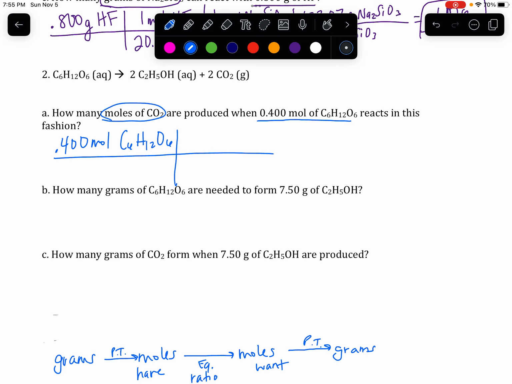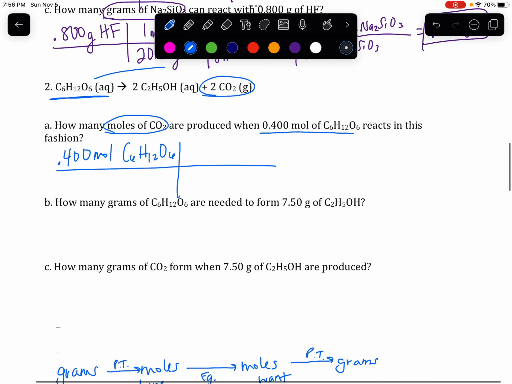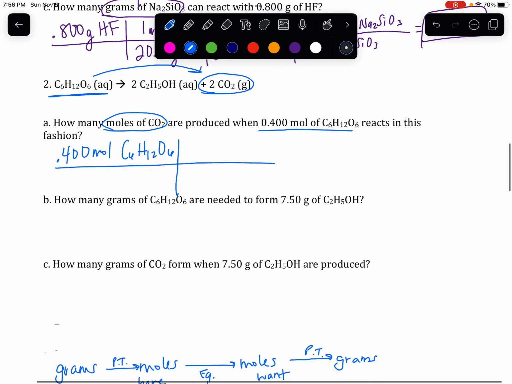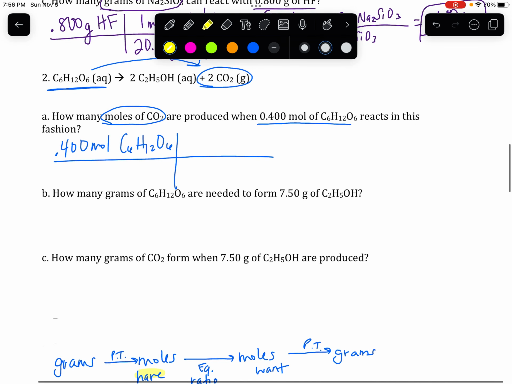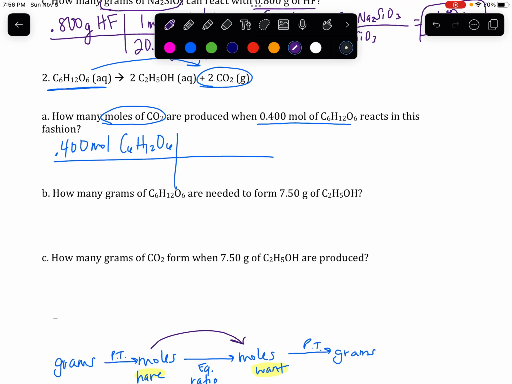I'm looking for moles of CO2. So I'm starting here, and I'm trying to go to here. I'm in moles, right here, what I have, and I'm trying to get to what I want. So I just have to go like this.